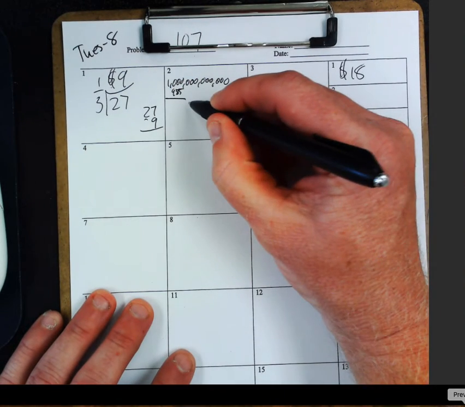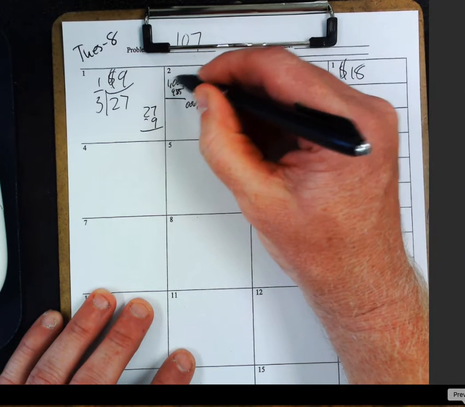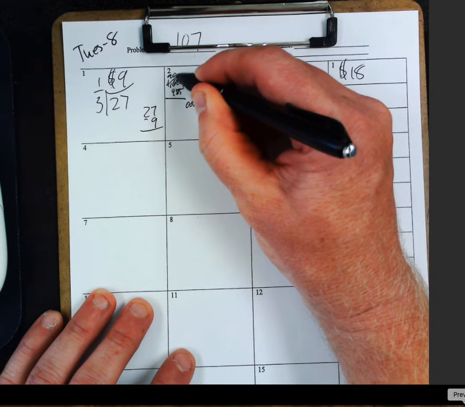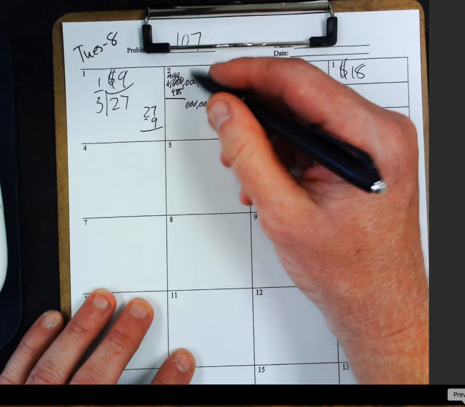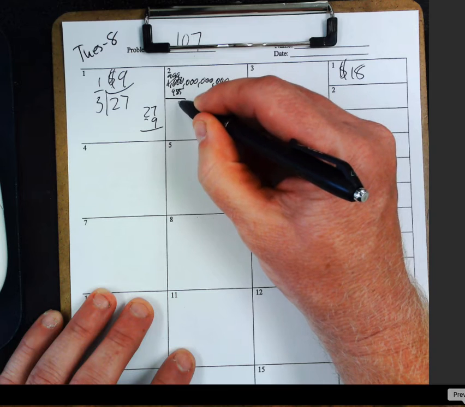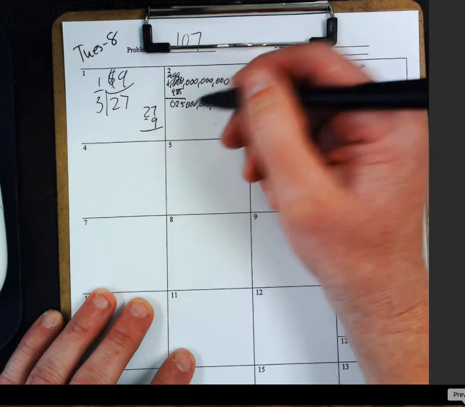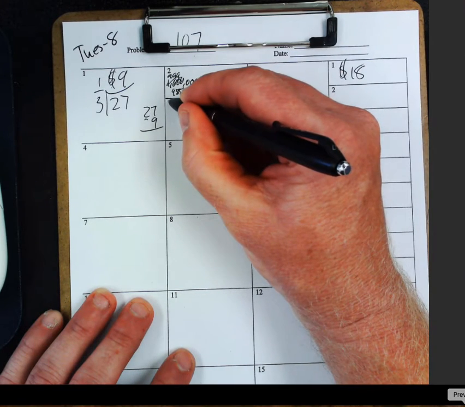Okay, guys, 9 zeros just come straight down. Cross that all out, 9, 9, 9, 10. 10 minus 5, 5. 9 minus 7, 2. 9 minus 9, 0. 9 minus nothing, 9.